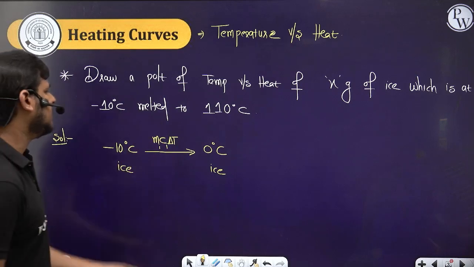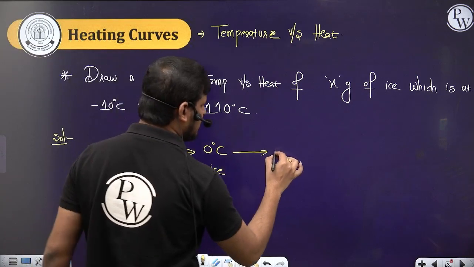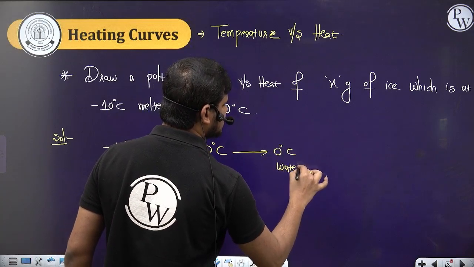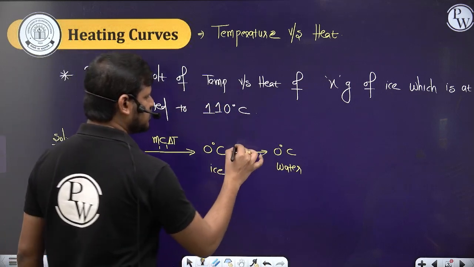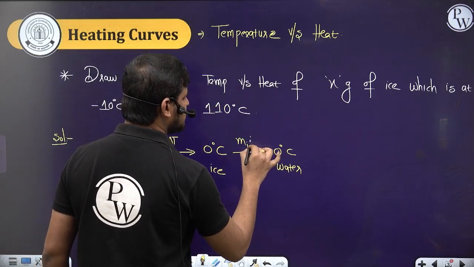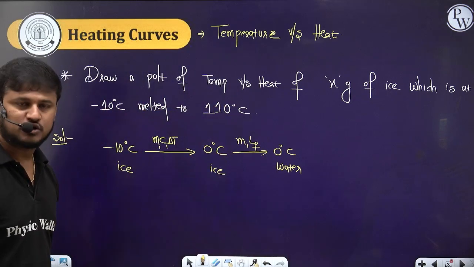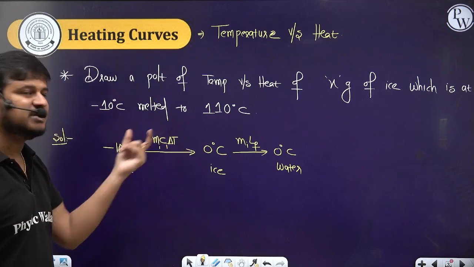Then from ice at 0 degrees centigrade, it will become water at 0 degrees centigrade. Here is the latent heat of fusion: the mass of ice into the latent heat of fusion, the heat absorbed, m L f.